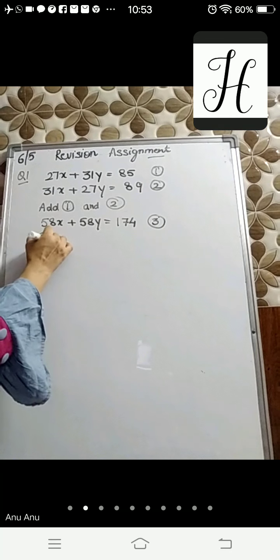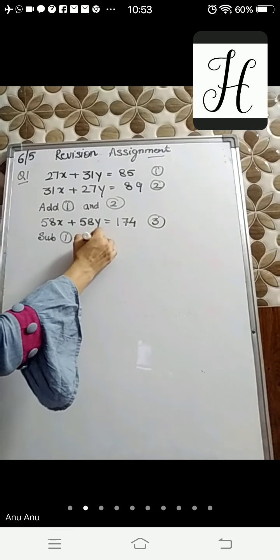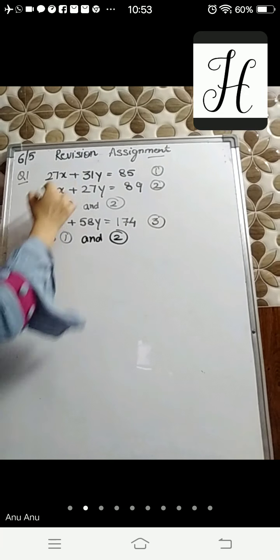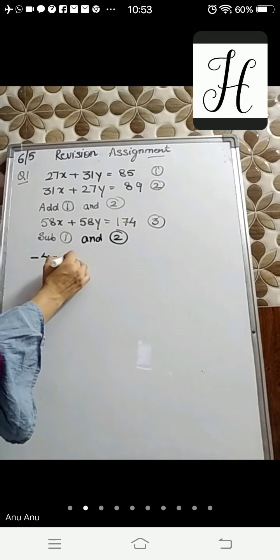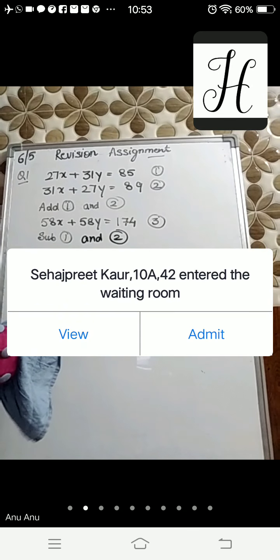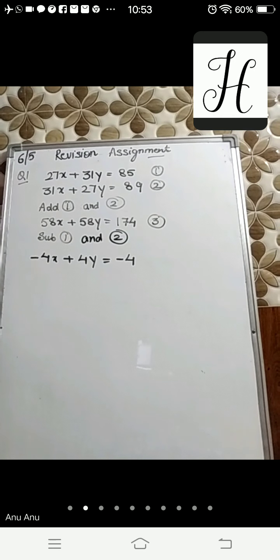Now subtract 1 and 2. After subtraction, what you will get? Minus 4x plus 4y is equal to minus 4. Is it okay? I have added these two equations and I have subtracted these two equations.